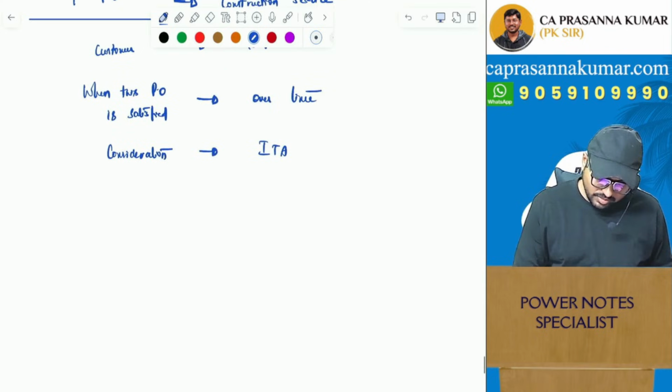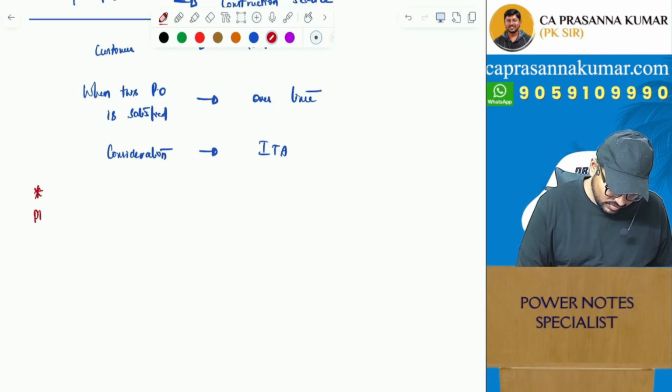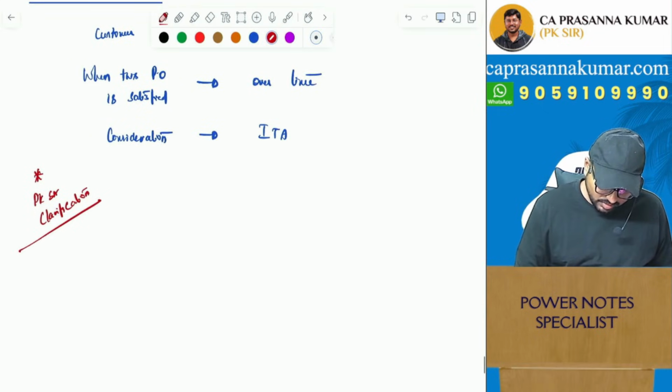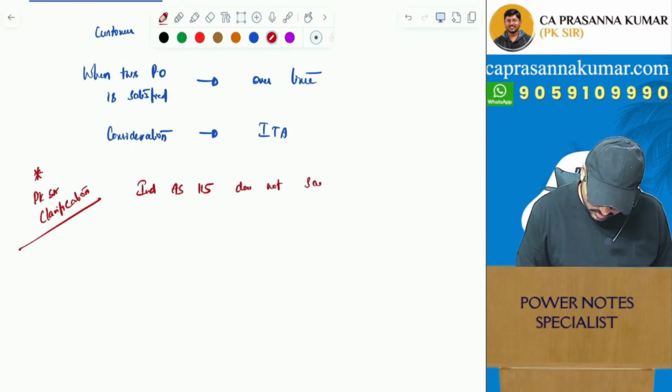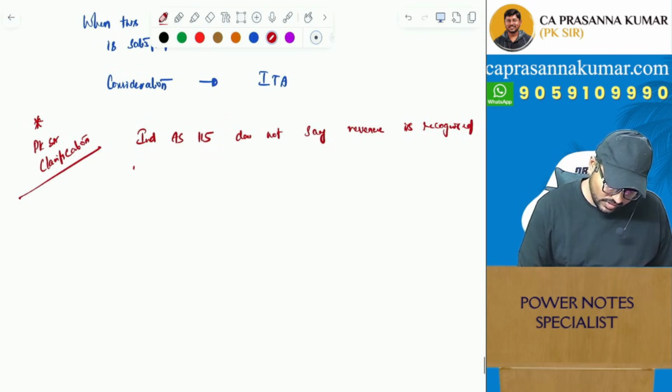So here some people are having doubt. Please try to understand. Clarification. Are you guys writing along with me? Remember, Ind AS 115 does not say revenue is recognized only when cash is received.